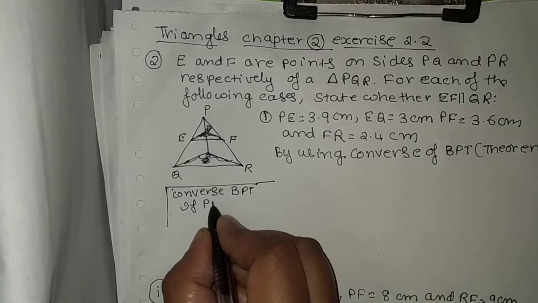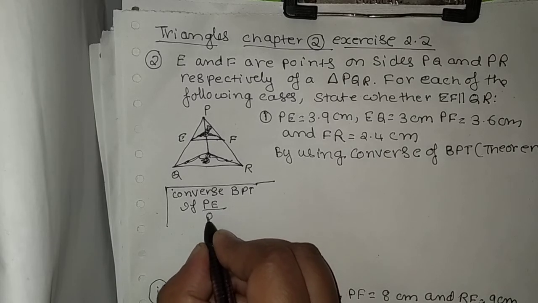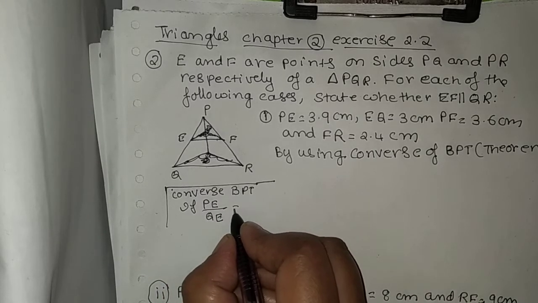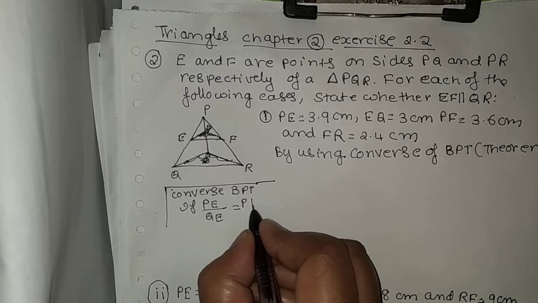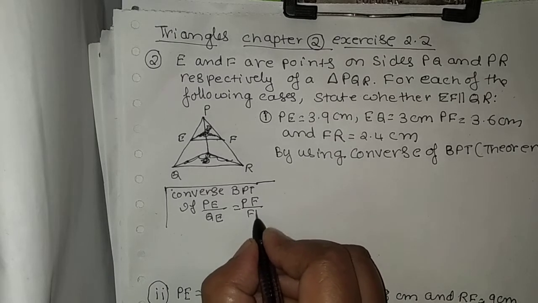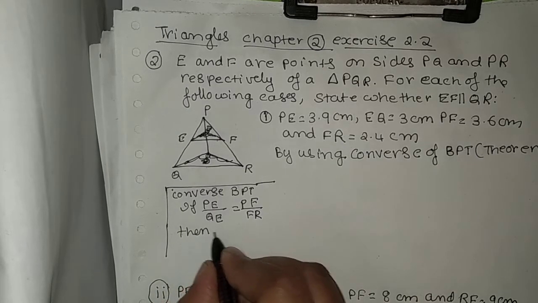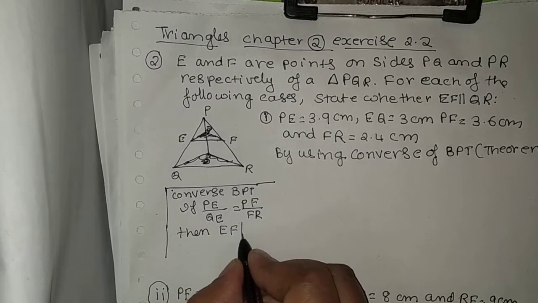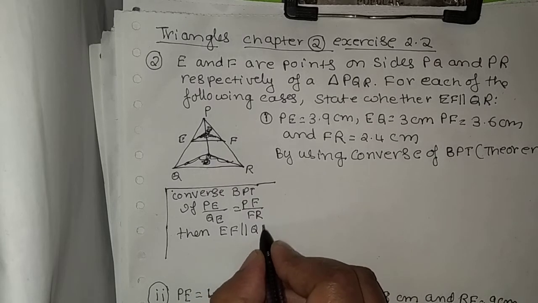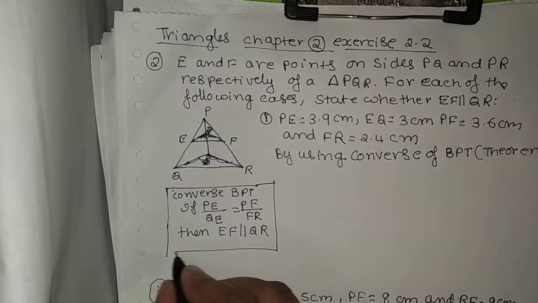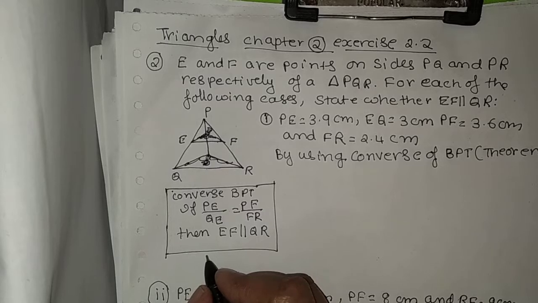If PE by QE is equal to PF by FR, then EF is parallel to QR. This is the converse of the BPT theorem.